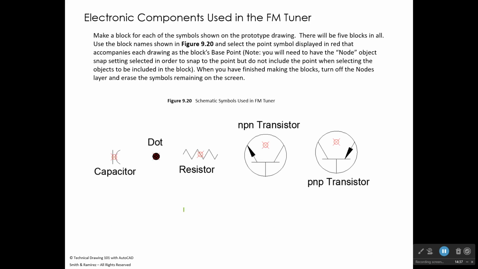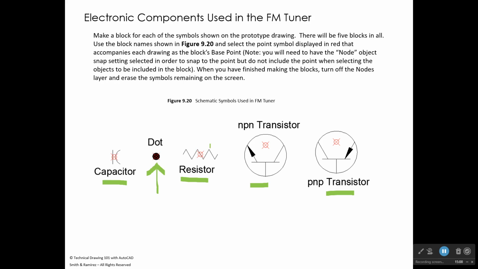All right, so this is what you're going to see when you open up the prototype drawing called the FM Tuner schematic, and you're going to make a block for a capacitor. You're going to make a block for what's called a connection dot. You'll make a block for a resistor, for an NPN, and a PNP transistor.